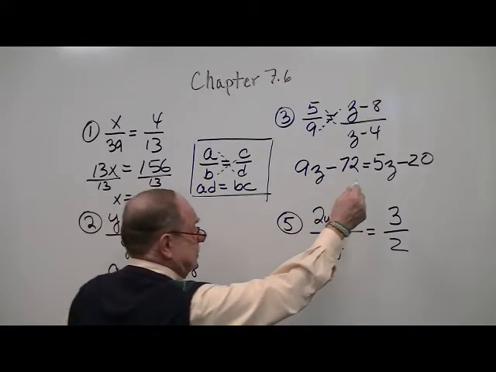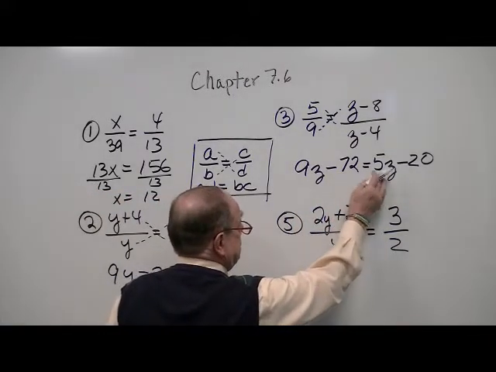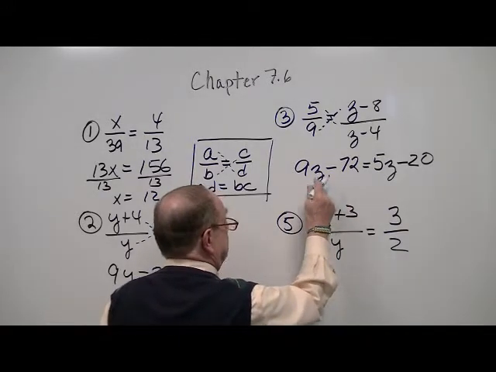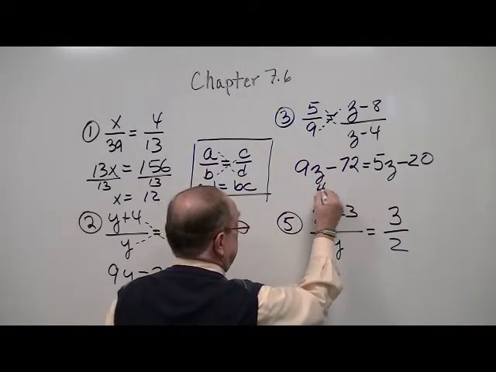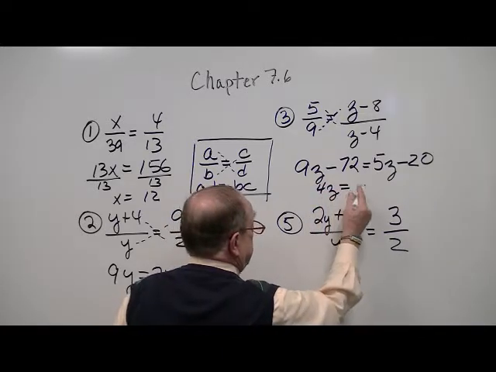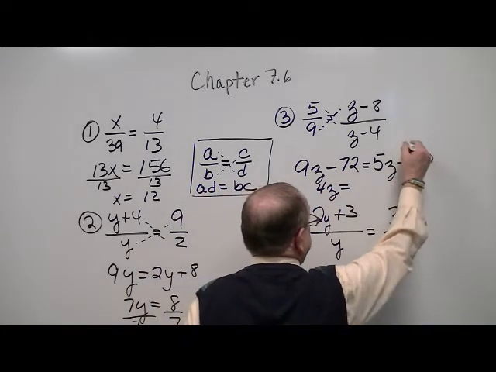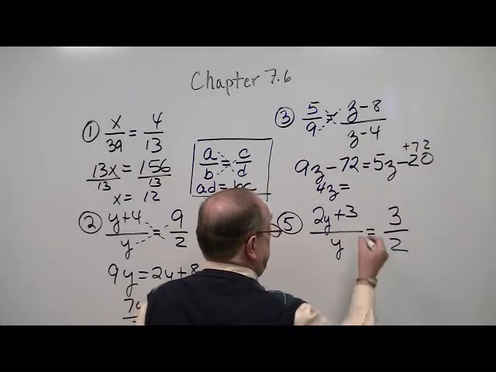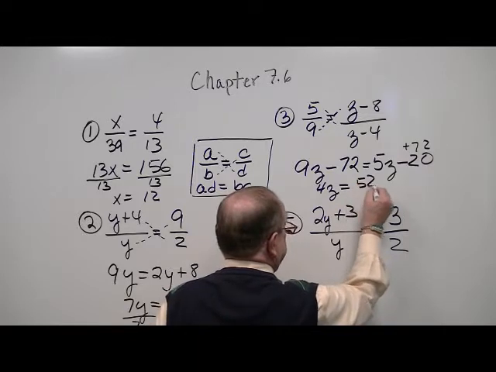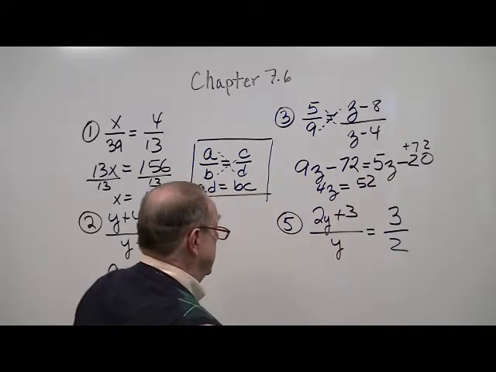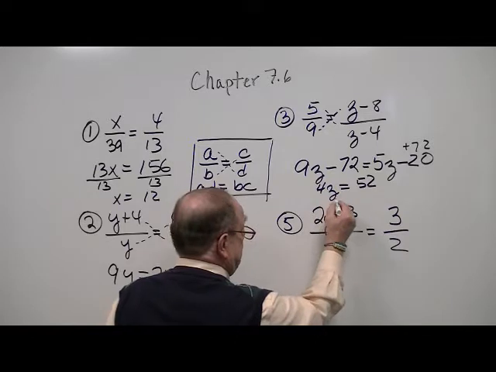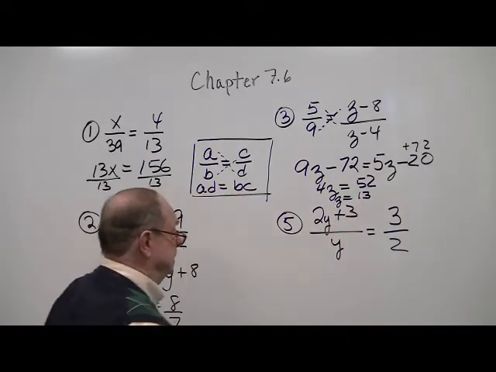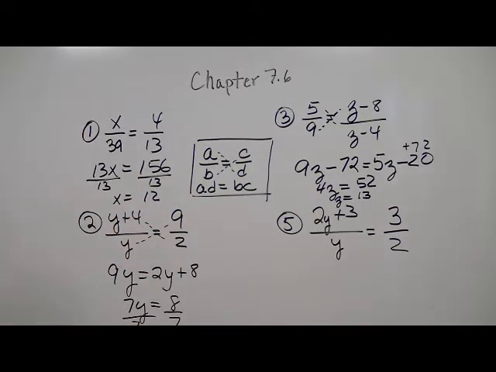Again, we're going to transpose. On this side, this becomes a negative 5z, so this will be 4z equals, we transpose, this is going to become a positive 72, and this becomes then a 52, and we divide both sides by 4, z equals 13. Kind of ran out of room there a little bit.